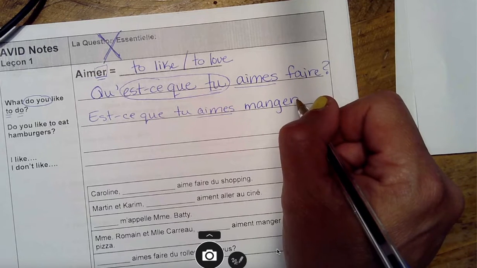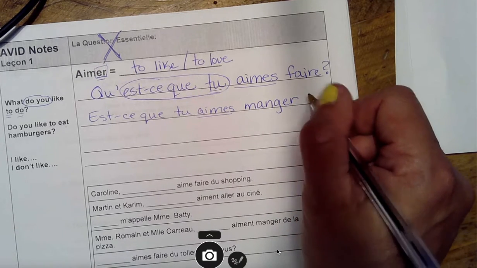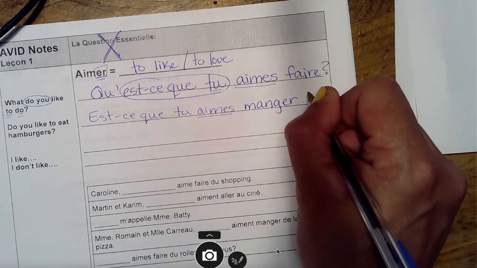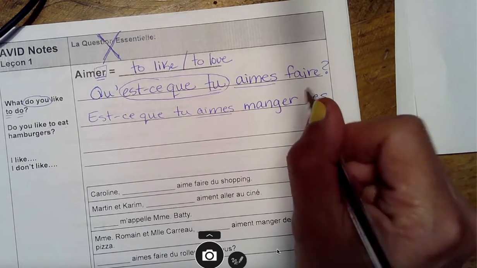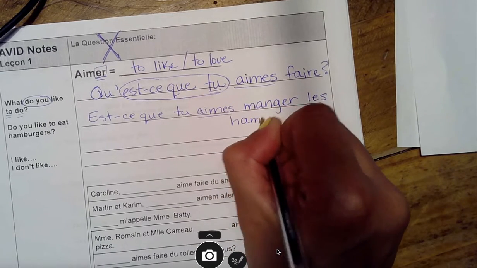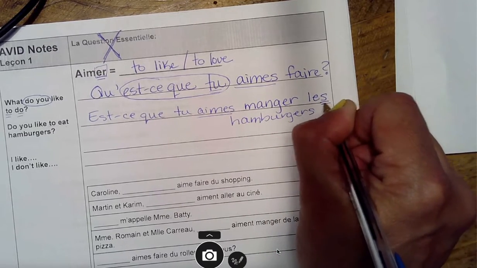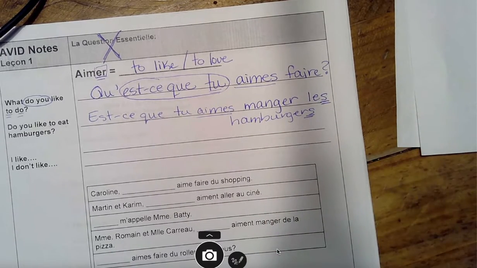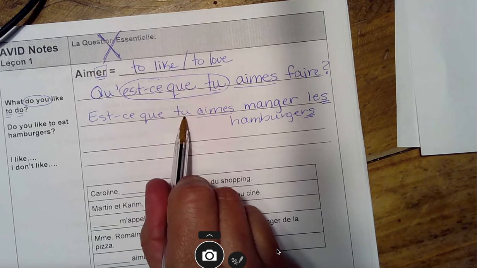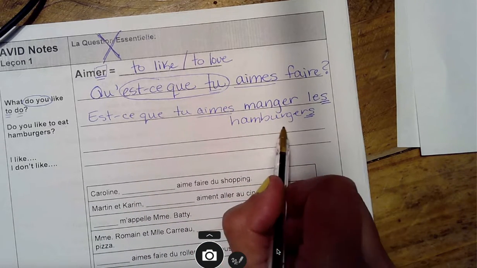And then in English, we can just say hamburgers. But do you remember that in French, we always have to have an article in front of it? We're going to put les. Est-ce que tu aimes manger les? And then the word is the same, hamburger. And because it's plural, lots of hamburgers, we need some S's. Est-ce que tu aimes manger les hamburgers?